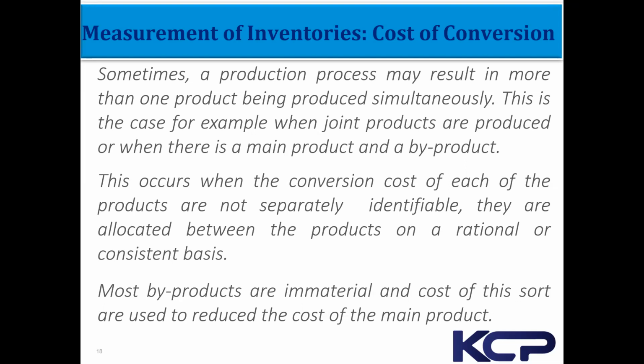So also in the production process, the output could eventually give rise to two or more distinct main products. Or incidentally, one main product and one byproduct. Do you understand?